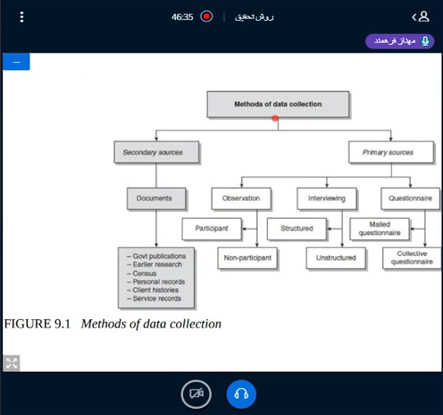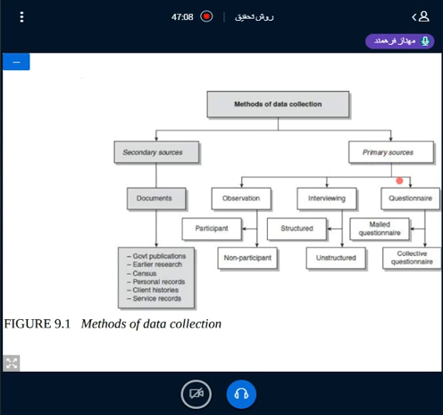You can see here you have two kinds, secondary sources or secondary data and primary sources or primary data. We are not going to define each of these parts because the book is very complete. Each of these parts has a definition, but we are going to study it briefly.